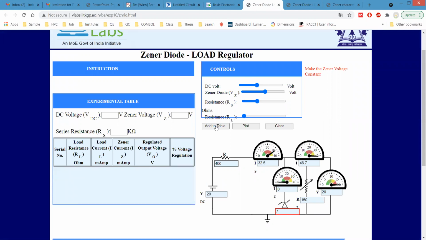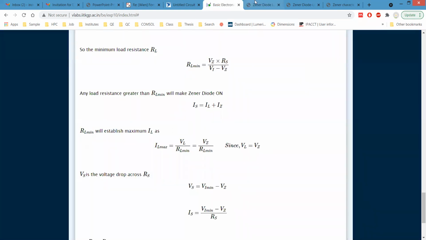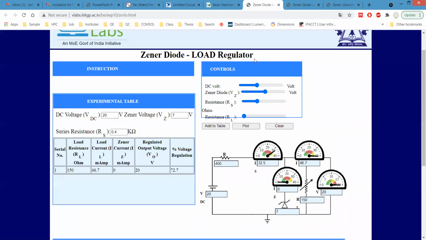In our case, Vz is 7 volt, Vi is 20 volt, and the series resistor is 400 ohm. Sir, it is 215.4 for this configuration.